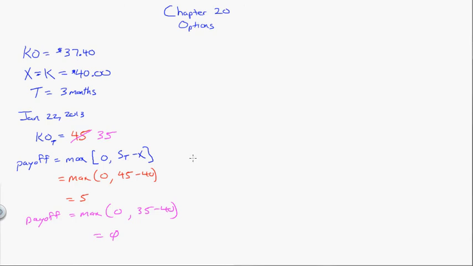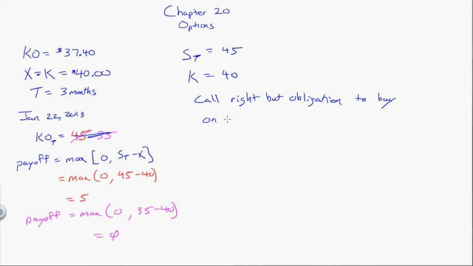But let's just think about this from a common sense standpoint. If the ending stock price is $45 and the strike price is $40, this is what happens. We have the right to buy. A call option is the right, but not the obligation, to buy an asset on or before a certain date for a pre-specified price.